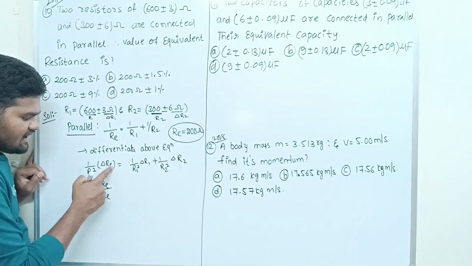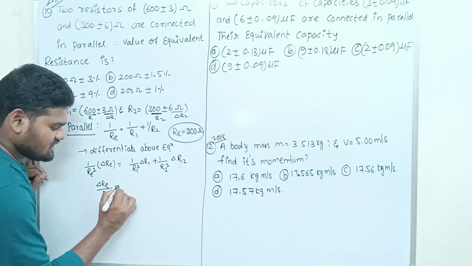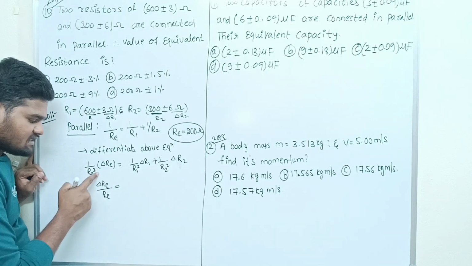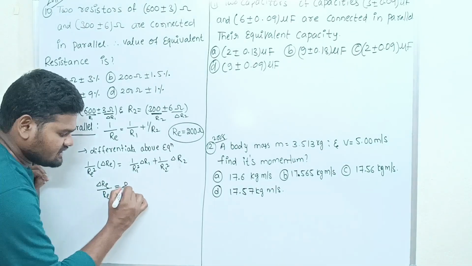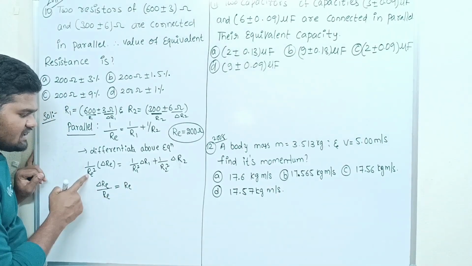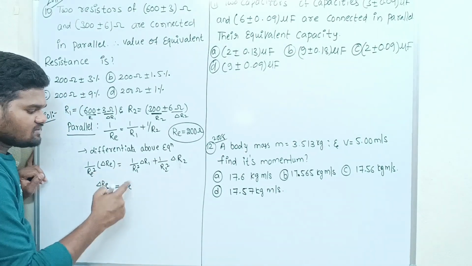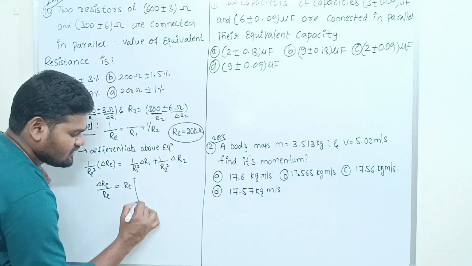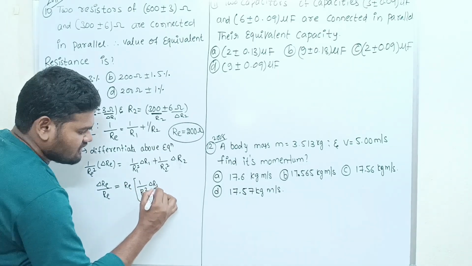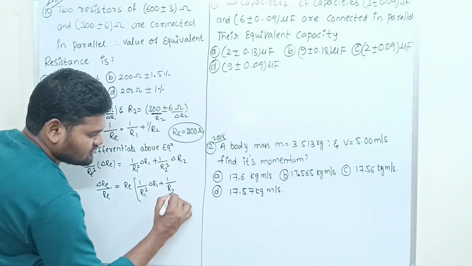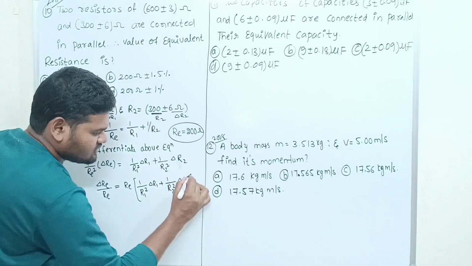Delta Re divided by Re equals: here Re square is there, so I write one Re here and one more Re at this place. Here it is in the denominator, so when it comes to this side it becomes the numerator, multiplied by 1 by R1 square into delta R1 plus 1 by R2 square into delta R2.